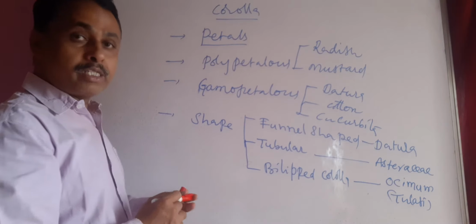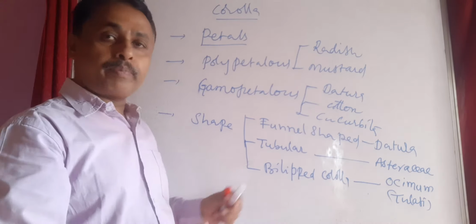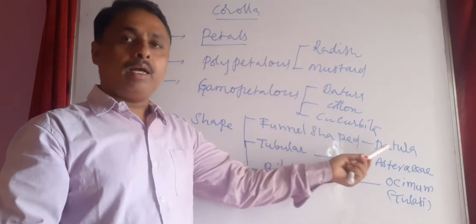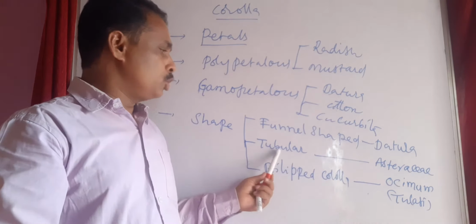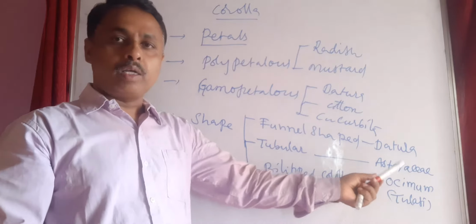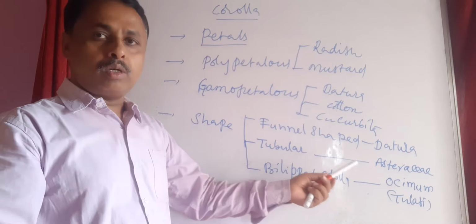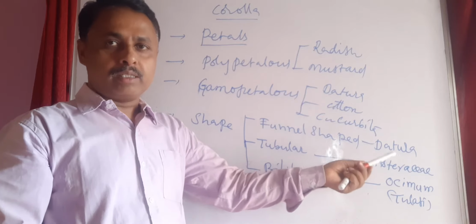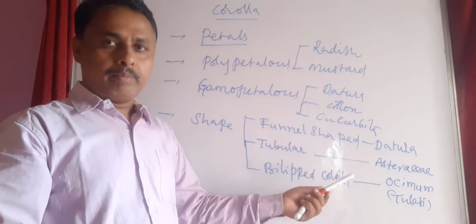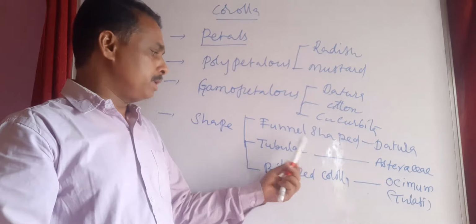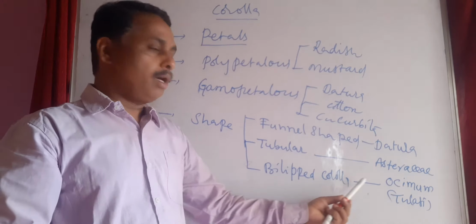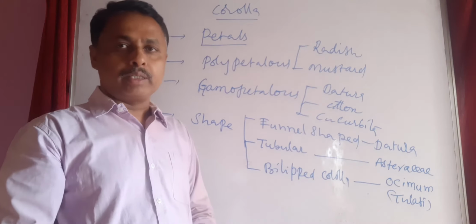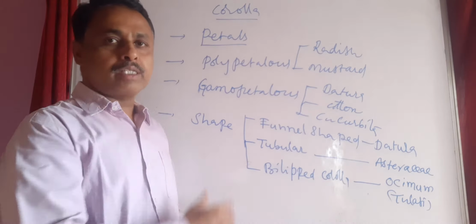So these are the different shapes of corolla: funnel shaped in datura, tubular in Asteraceae members such as sunflower, Tridax procumbens and Tagetes patula, which is marigold, and bilobed in ocimum, tulasi. These are the different shapes of corolla we have.